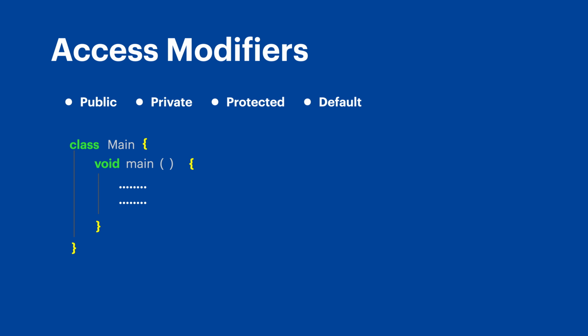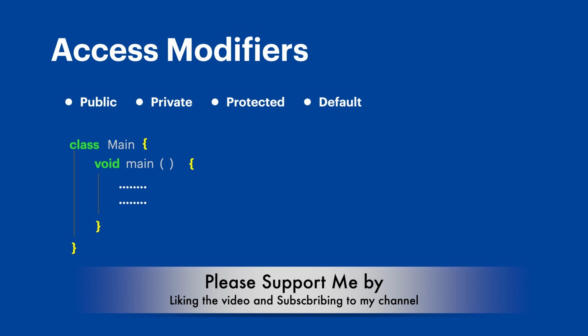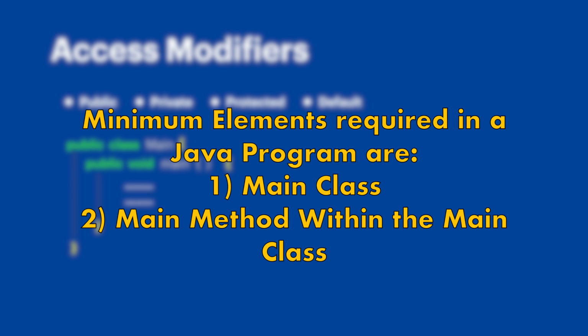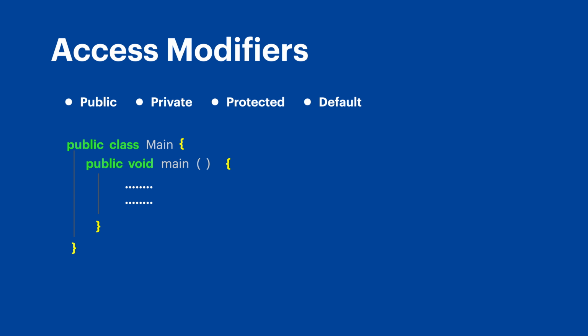We'll dive deeper into the access modifiers in future, but for now, I would like to tell you that most of the time we use the public access modifier. So we simply put public just before our class and method name. So this is our basic structure of a Java program, and the minimum elements in a Java program are the main class and the main method within the main class.